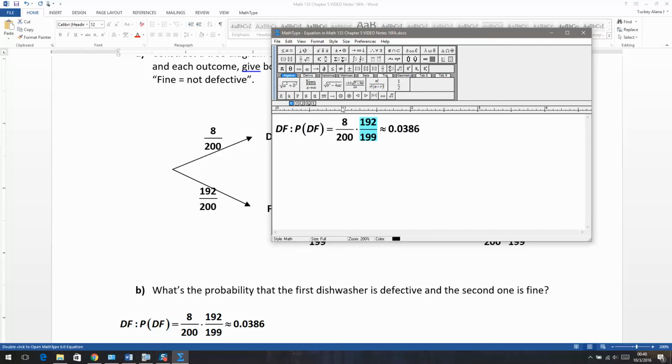So it's 8 times 192 over 200 times 199. Or if you like, it's 0.0386. When I multiplied them myself, I got this number. So 1,536 over 39,800, excuse me. And there we go.